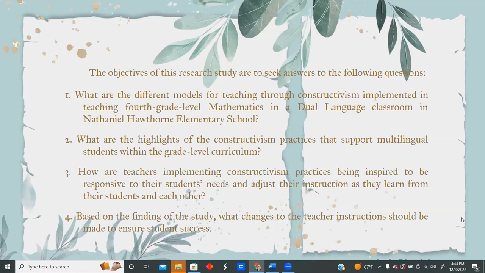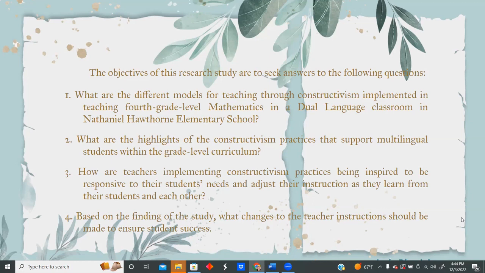Prof. Rowena, when I was writing this proposal, I was thinking of our teachers who are not so keen in presenting hands-on activities.